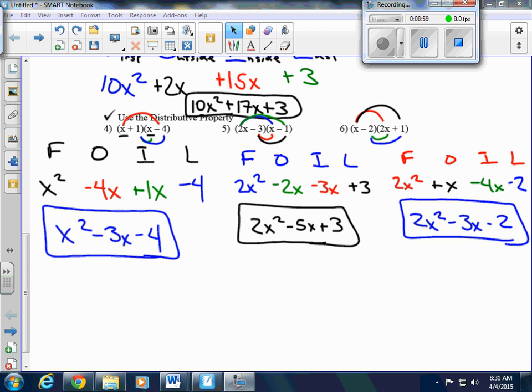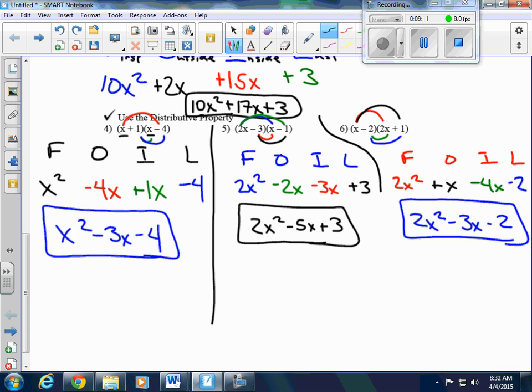And here are the answers to the guided practice questions, or the checkpoint questions 5 and 6. Again, notice we used the FOIL method on each one of these to get our answer. Again, F stands for first, the first term in each binomial.